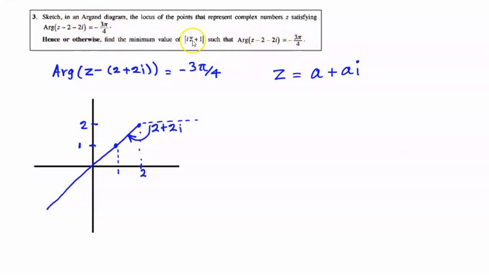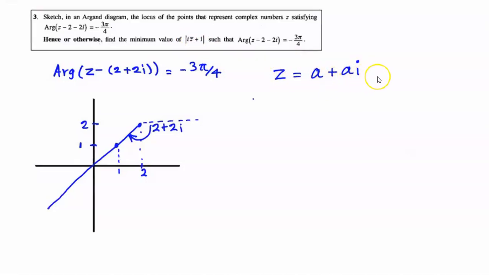Now I want to find the minimum value of the absolute value of this complex number satisfying this condition, which means my z values here can be written in that form. Then what do I get out of this if I write z to be a plus ai? Starting with the given, I have i times the conjugate of z, plus 1.